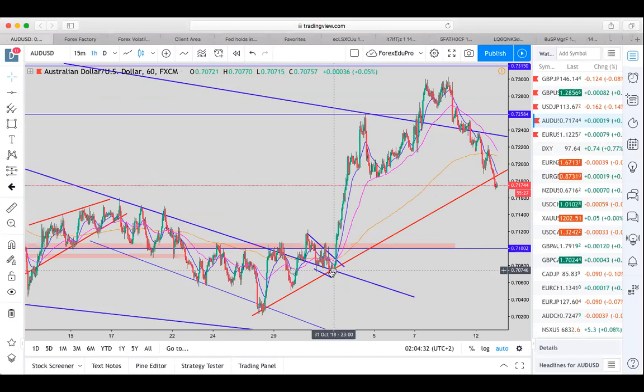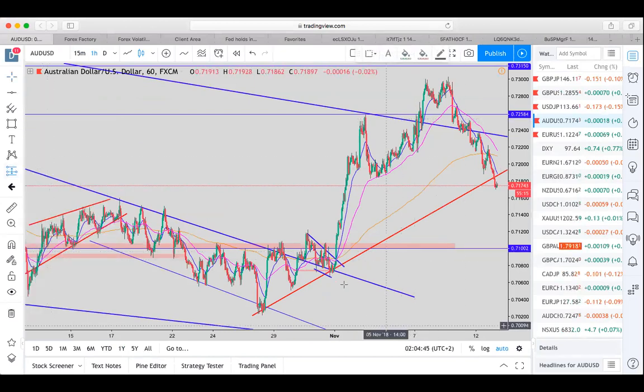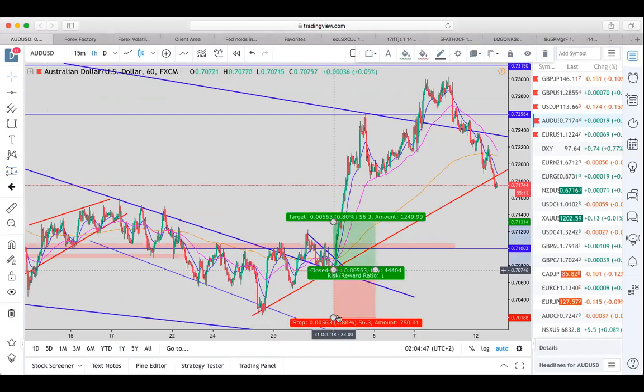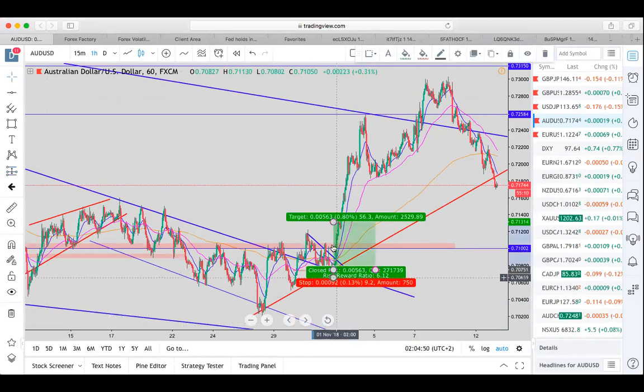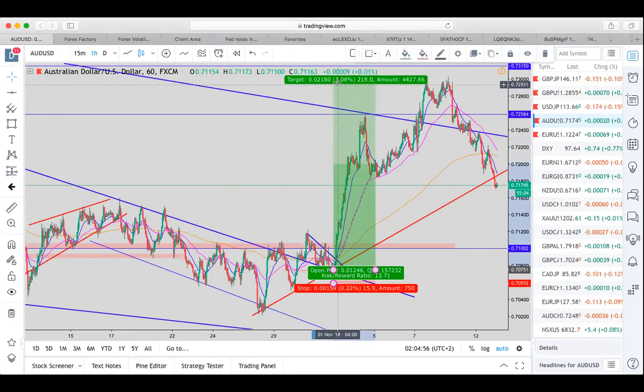30th of October, there was the buy right over there, and we took that buy for 200 pips. It went 200 pips.